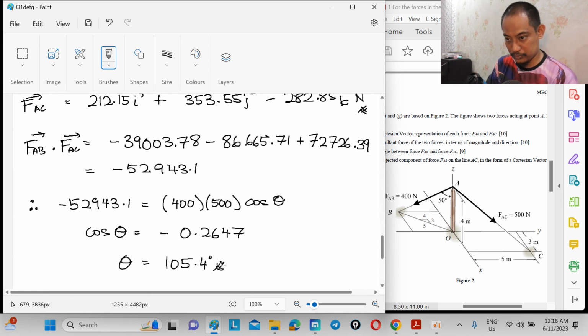So we have cos inverse of minus 0.2647, to check, 105.4, okay, so 0.3, right? This depends how much decimal point you take. Theta is actually significantly affected if you truncate or round off that much. So cos inverse of minus 0.2647 becomes 105.3.